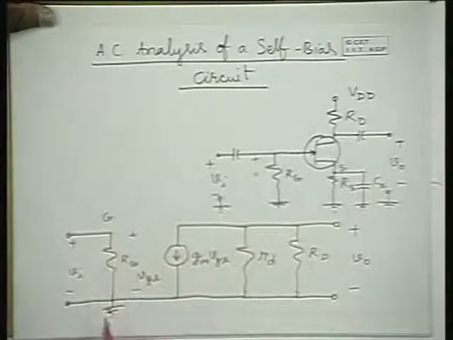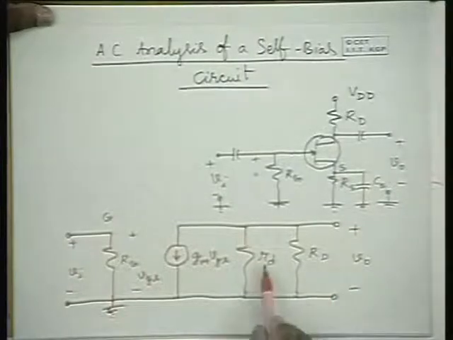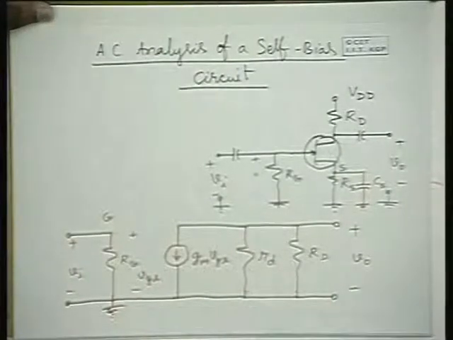Input impedance is going to be RG, output impedance is going to be rd in parallel with capital RD, and the voltage gain is equal to minus gm into the parallel combination of rd and capital RD. So that's all, the same analysis holds good.